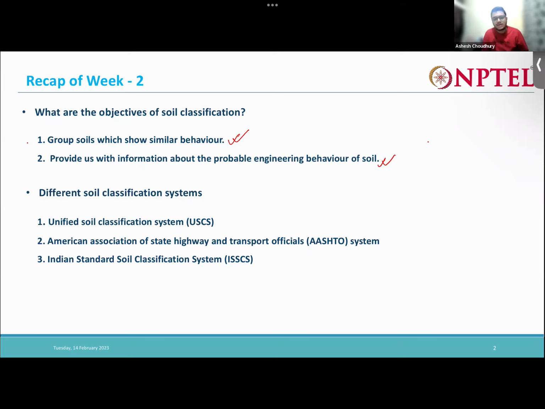The next is the American Association of State Highway and Transportation Officials system, that is the AASHTO system. And the third is our Indian Standard Soil Classification System. Among these, the soil classification system that concerns us is the ISSCS system, so we will be only focusing on this. Okay.